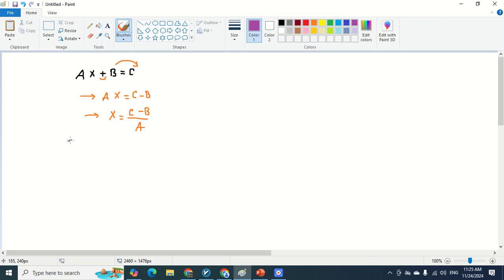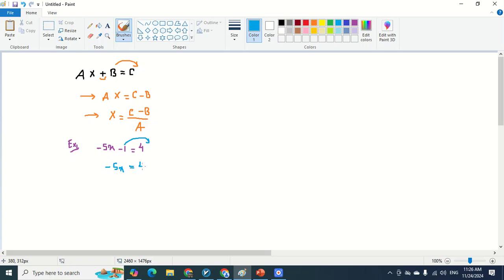For example, if we want to know the value of x for a given expression like minus 5x plus minus 1 equal to plus 4, to solve this, as I said, you should shift that constant minus 1 to the right side, and when you shift it to the right side it becomes positive because the sign was negative at the left.